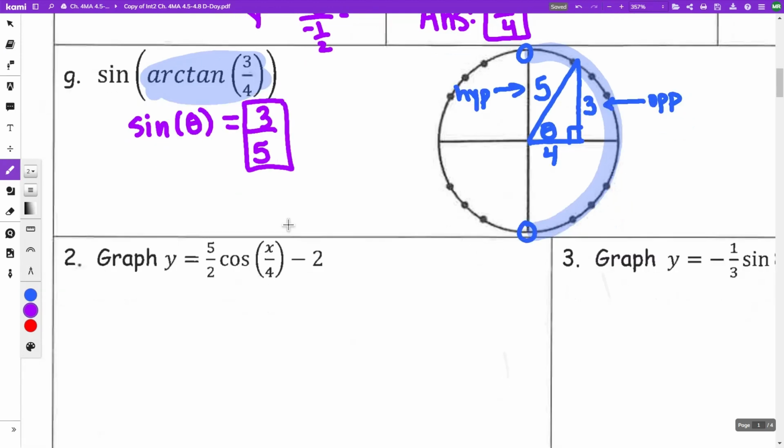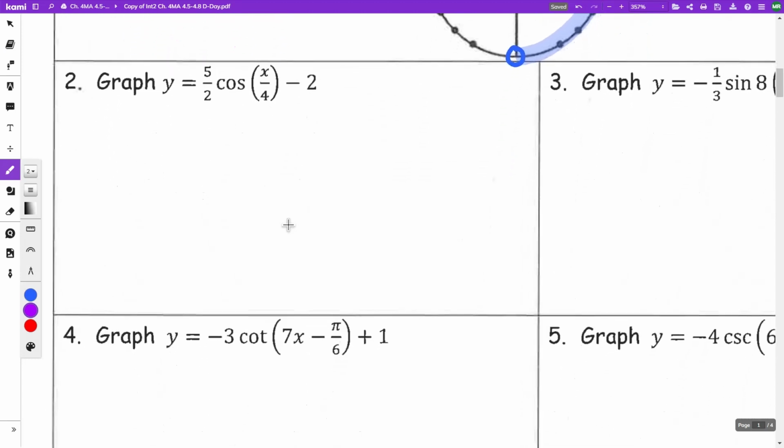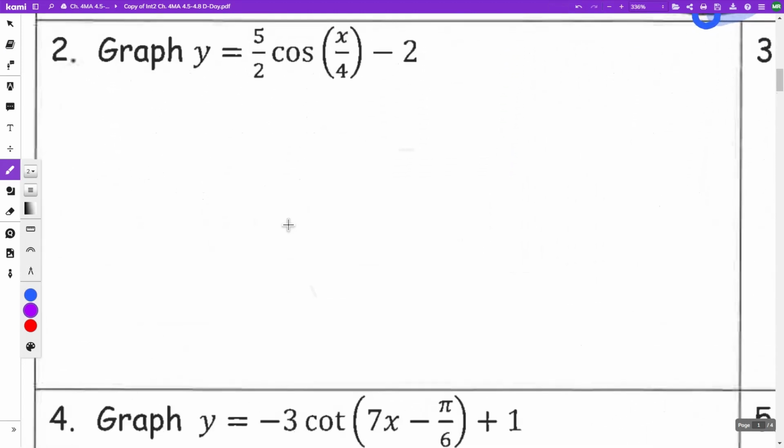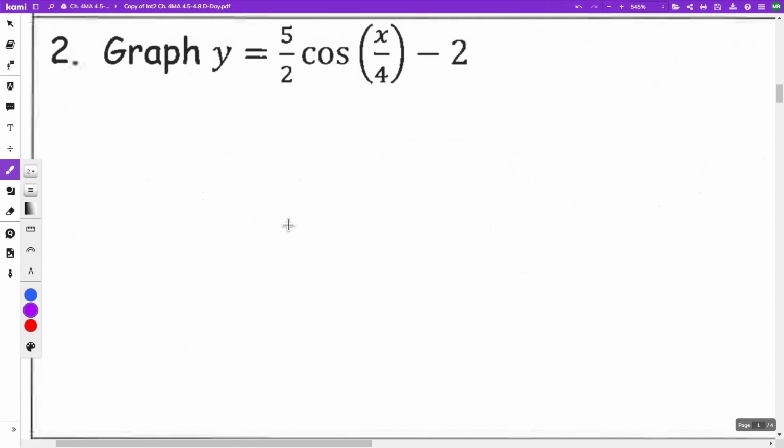Now, these ones here, we're going to be graphing. On this one, I'm going to be graphing a cosine. When I'm looking at this, my amplitude is going to be 5/2. Let me just get a thinner font here. My vertical shift is going to be -2.